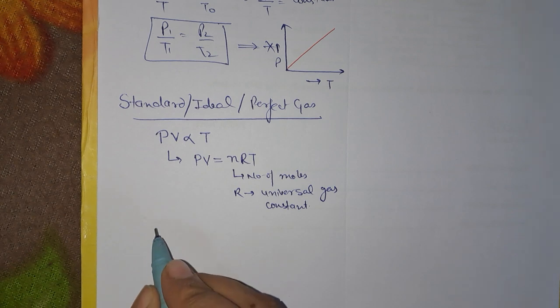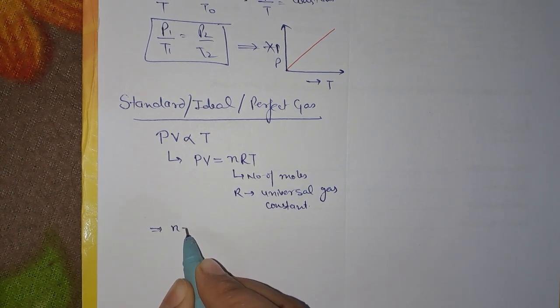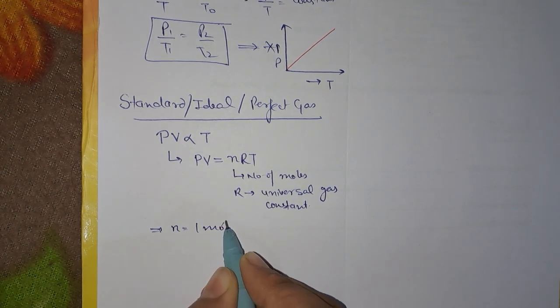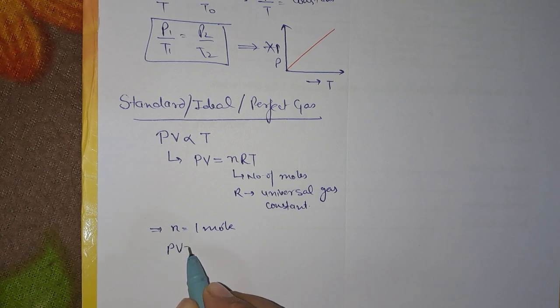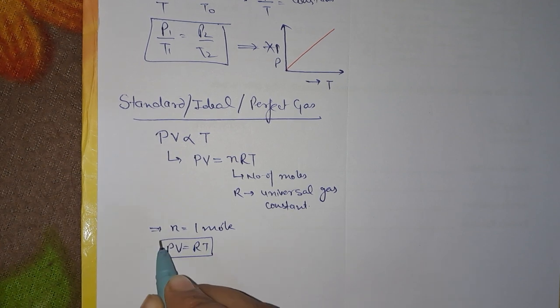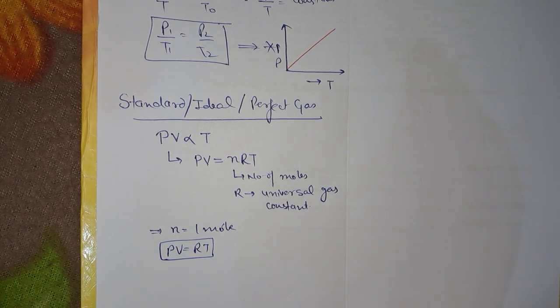So let us consider that there is 1 mole, so PV equals RT.